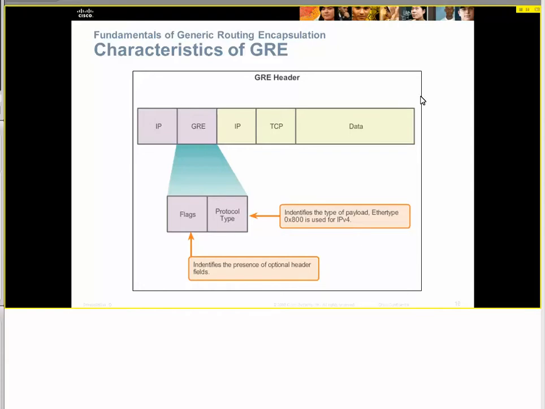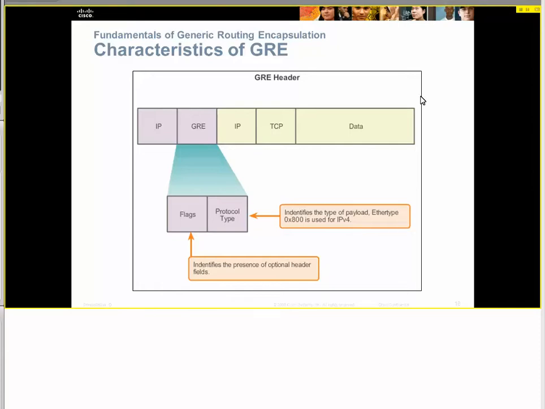Now, the way GRE, the way all tunneling protocols work is, instead of immediately passing the layer 3 IP packet down to layer 2 for encapsulation into a frame, it takes the layer 3 packet and loops it back through the protocol again, another layer 3 encapsulation.